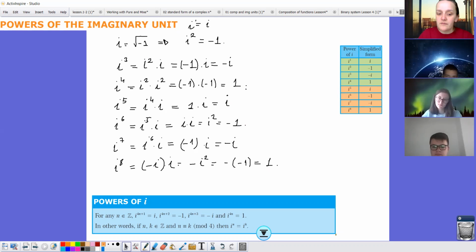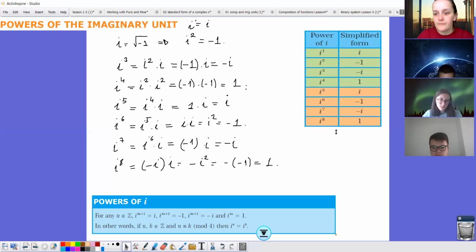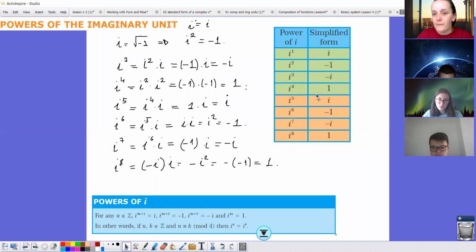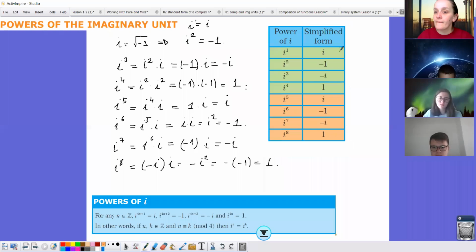Can you see something here? They go like the first 4, and after that again the same result. It repeats itself: i, -1, -i, 1. i, -1, -i, 1.